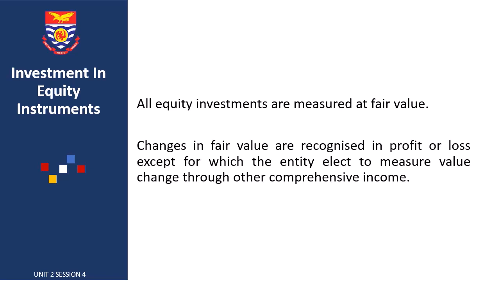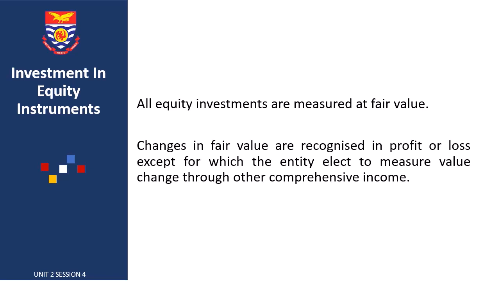So if you, an investor, have invested in equity instrument, it is an asset for you. So if it's an asset for you, any change in the fair value of the asset has to be recognized in profit or loss, except where you have elected to measure the change through other comprehensive income.